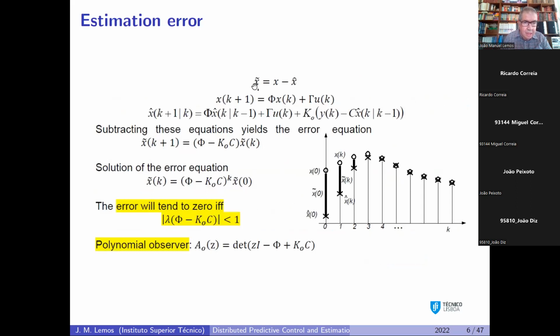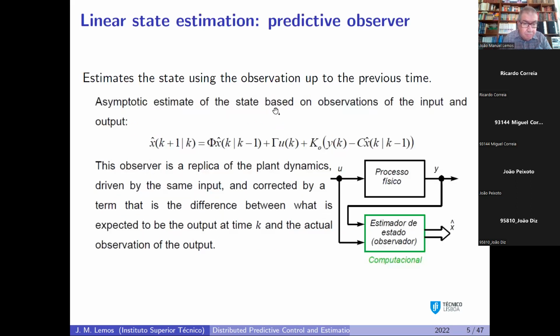Just a moment before going on. Why do I have this bar, this conditioning on k minus 1 and here on k? This bar means x hat, the estimate of the state at time k plus 1, given the information up to time k. I'm computing the estimate of the state at time k plus 1 based on the previous estimate at time k, on uk, and on yk.